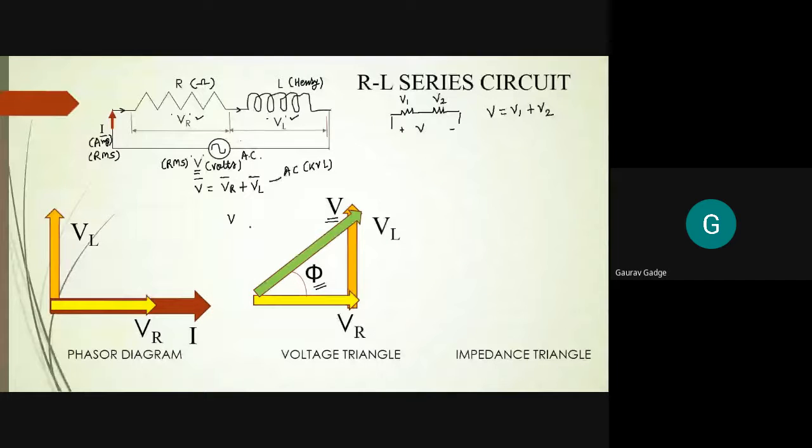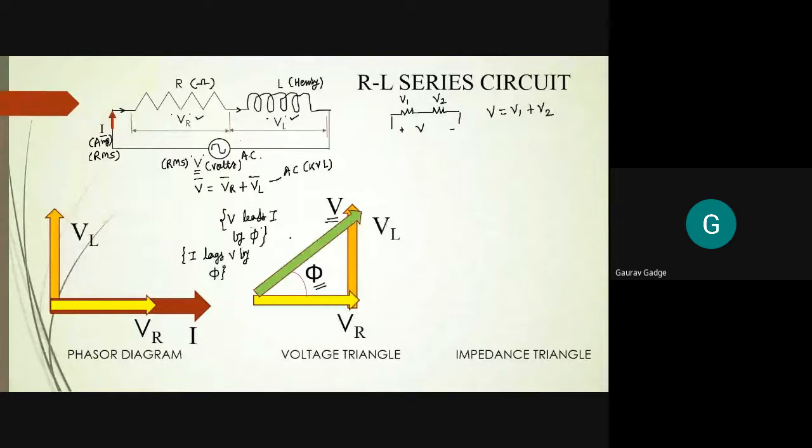So what we can comment is voltage leads current I by angle phi. Voltage leads current by angle phi. Another way of defining the same: current lags voltage by angle phi.